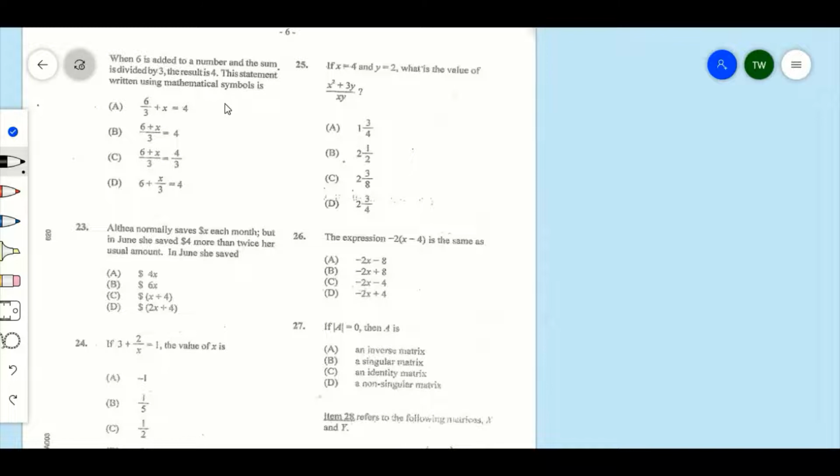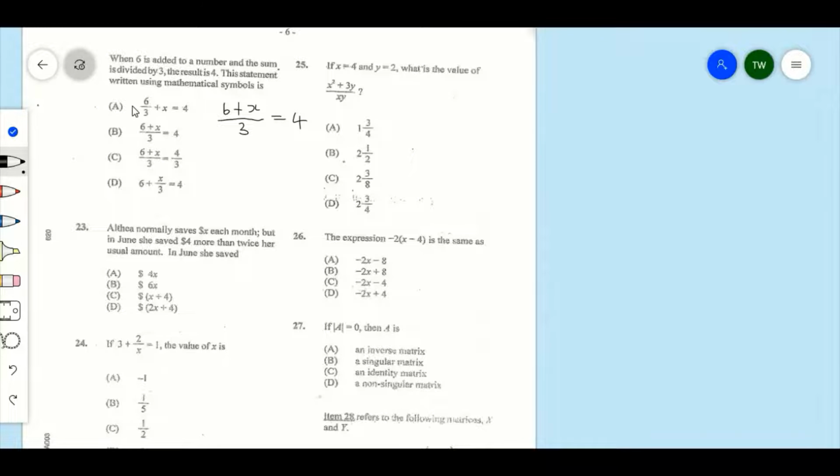So we know that 6 must be added to some number, and let's call that number x, right? Now the sum of these two numbers must be divided by 3. That's what it is saying. And when we divide it by 3, the result should be 4. So it should equal 4, right?